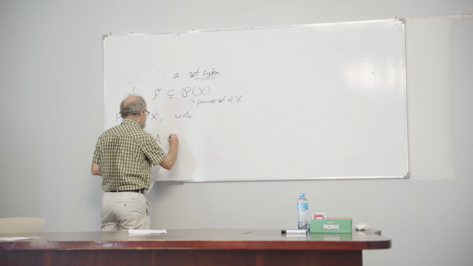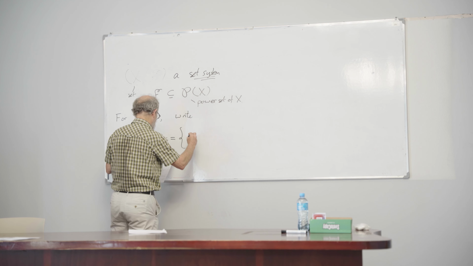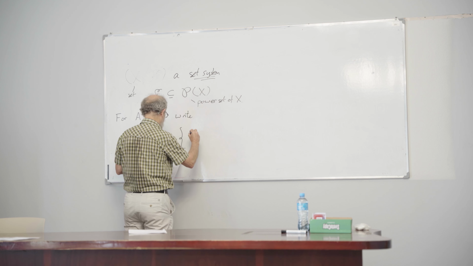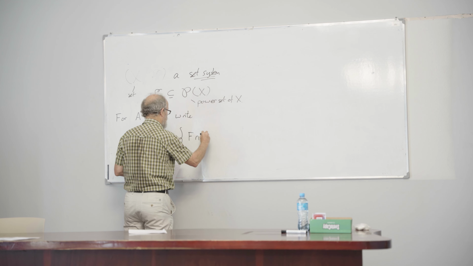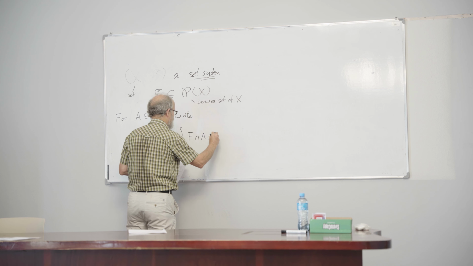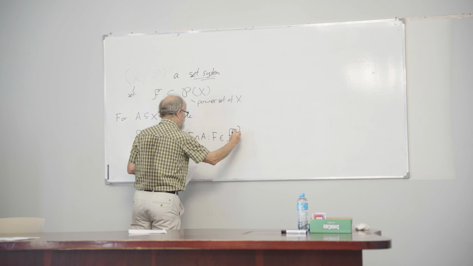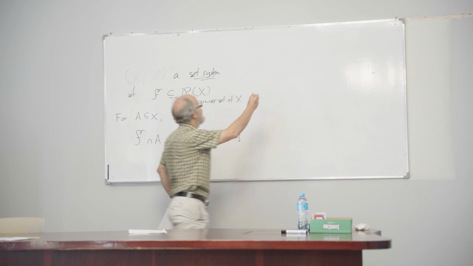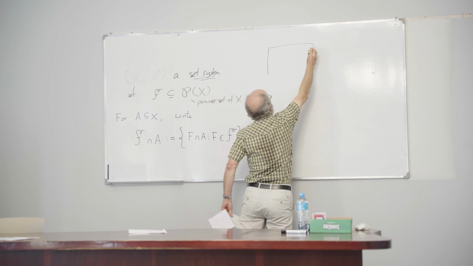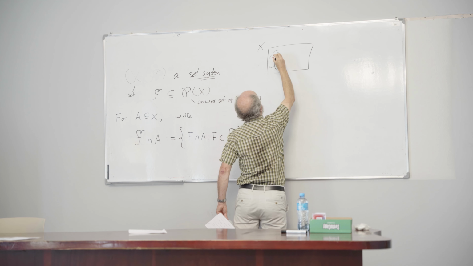This just means the set of all things of the form capital F intersect A, where capital F is a subset of curly F. So the picture: we've got X here, we've got a collection of subsets.